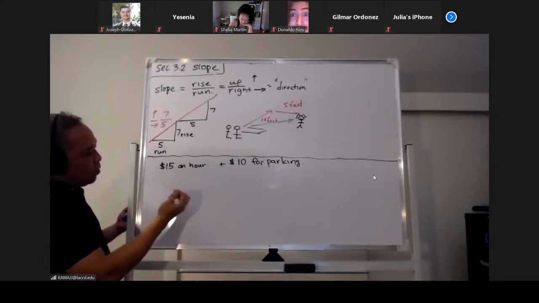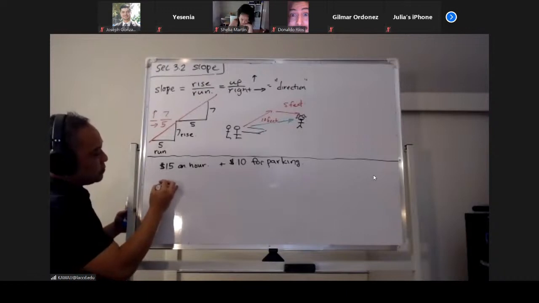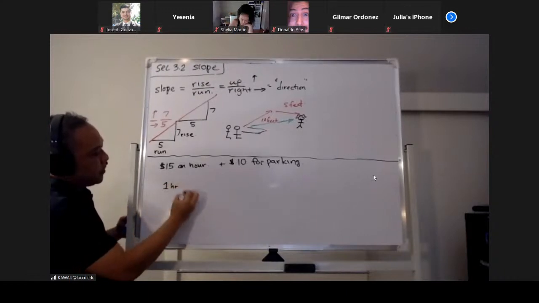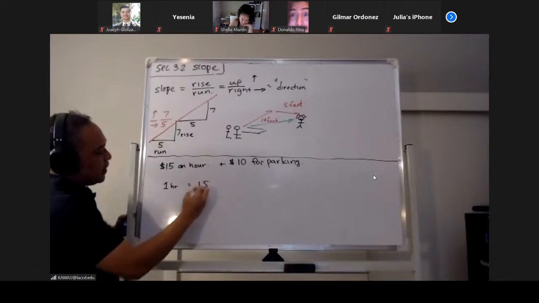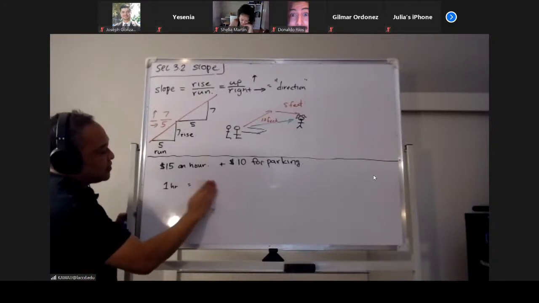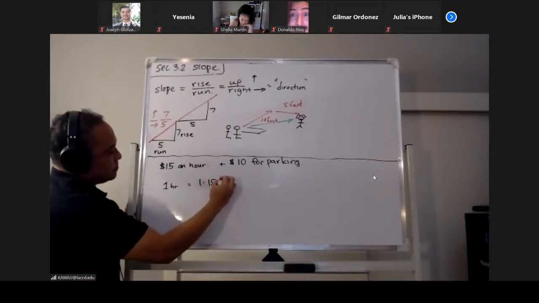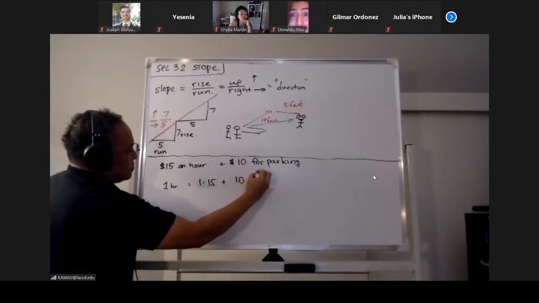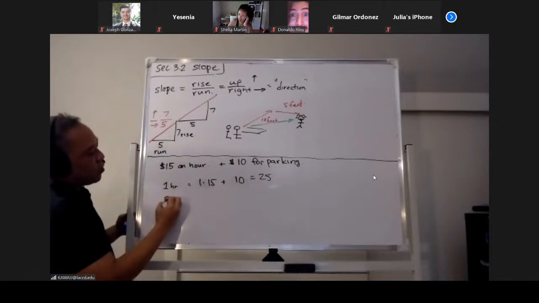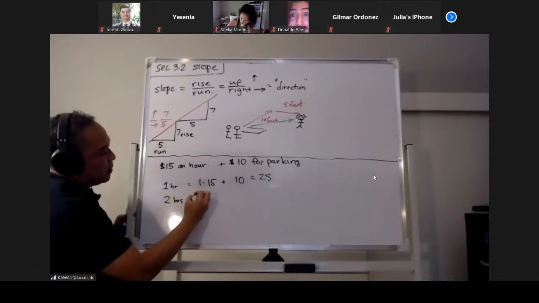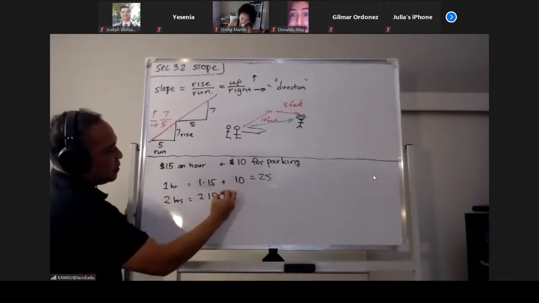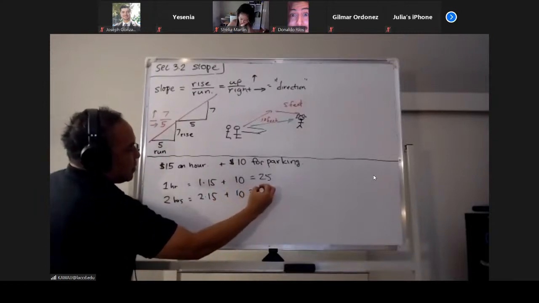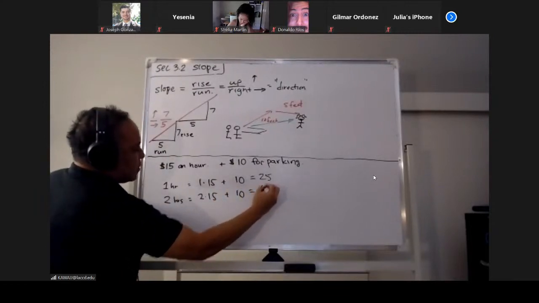So if you work 1 hour, you get $25. If you work 2 hours, you get $40.